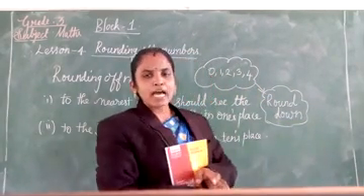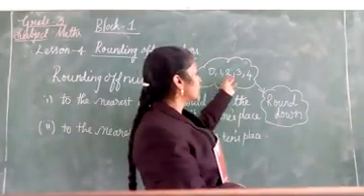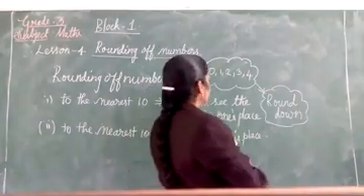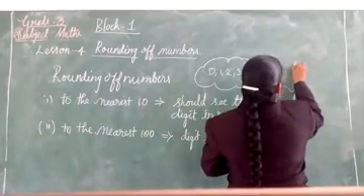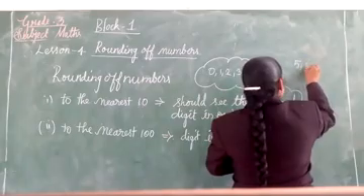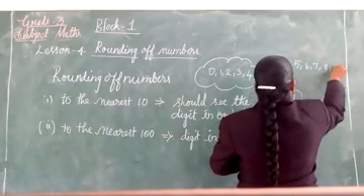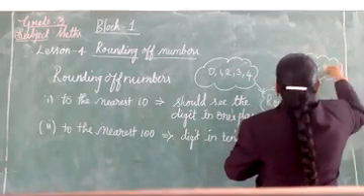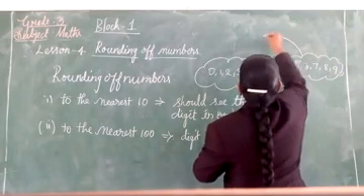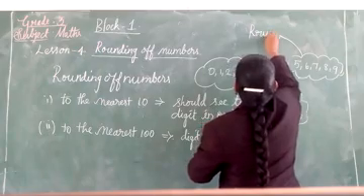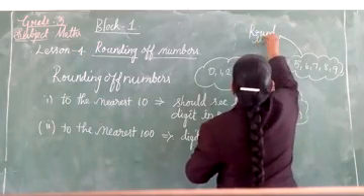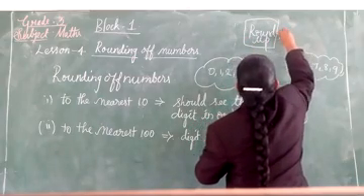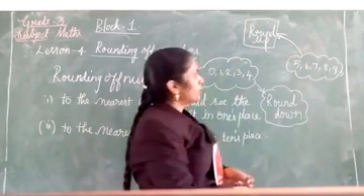If the digit is 5 or 5, 6, 7, 8, 9, we should round up the number.